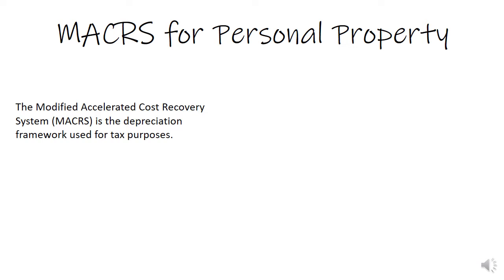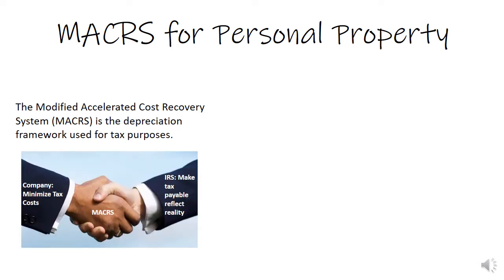The IRS created a system called the Modified Accelerated Cost Recovery System, or MACRS, to record the tax value of depreciation. This is based on a union of wants and desires. The company that acquires the property wants to minimize the tax costs.